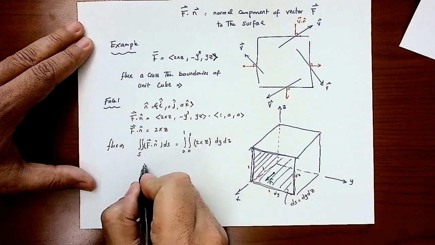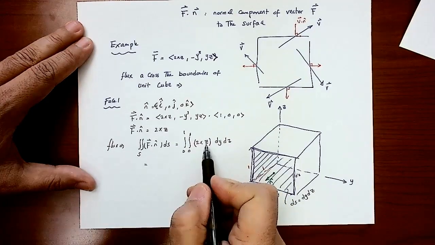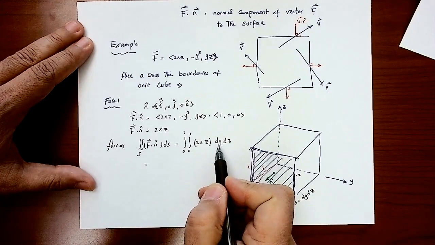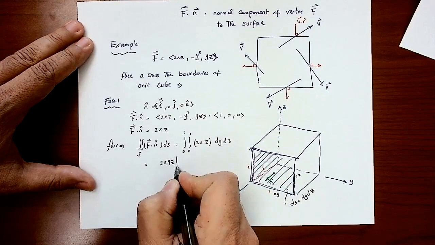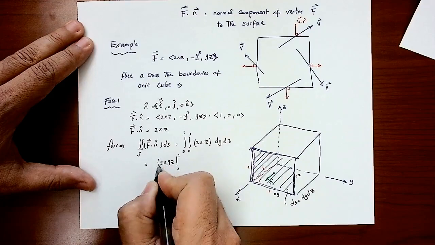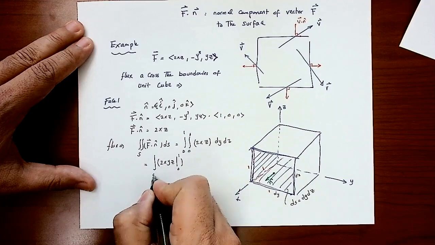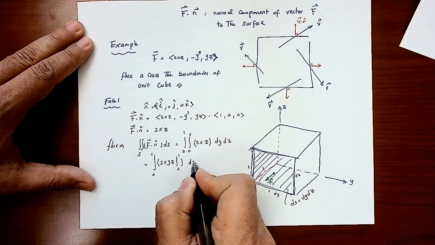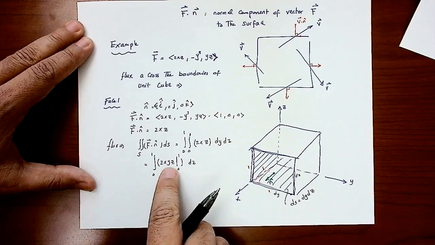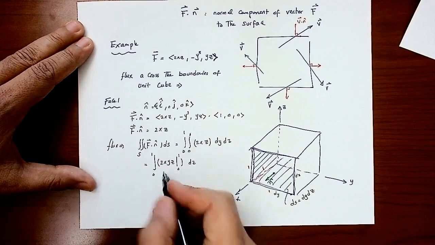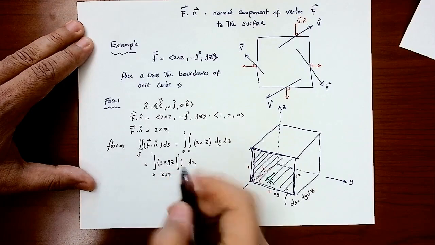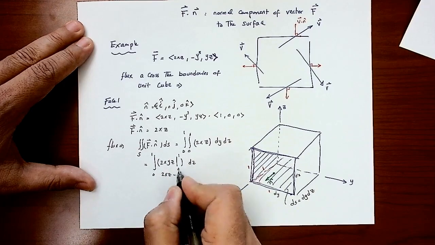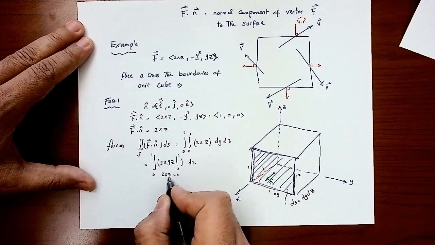It doesn't matter the order. So 2xz, you integrate relative to y, it's going to be 2xyz. Remember, you have from 0 to 1, and whatever comes out will be reintegrated relative to z. So if you substitute y equal 1, that's going to give me 2xz, minus 0, so that bracket will be 2xz.